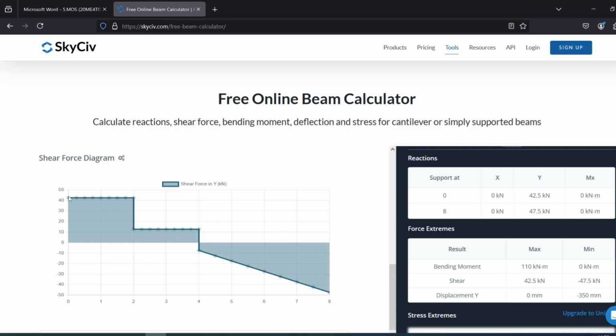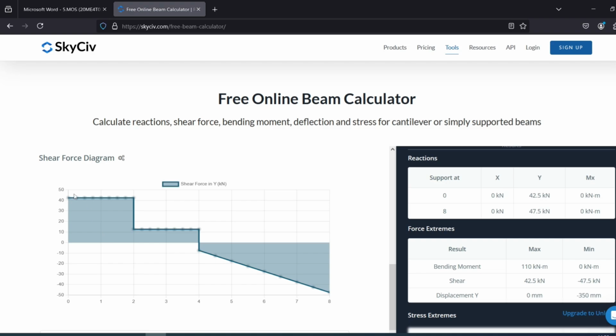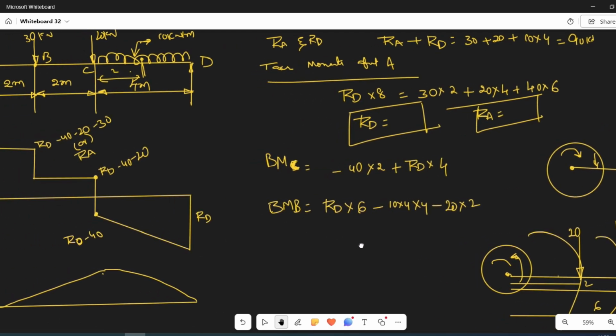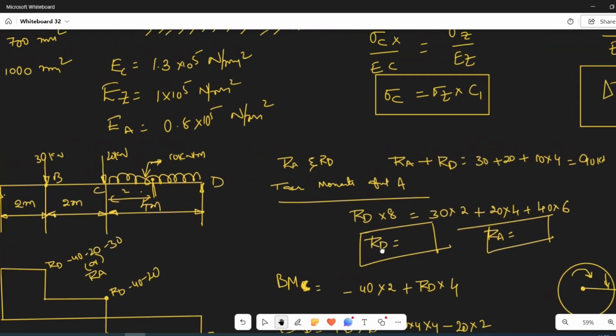the value of RA is 40 according to the problem. We haven't solved that. We haven't done the calculation part here. Please do the calculation.